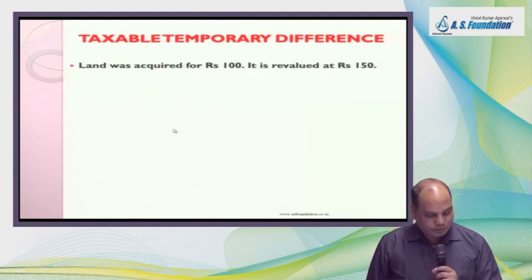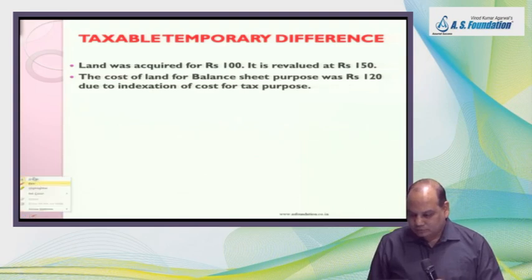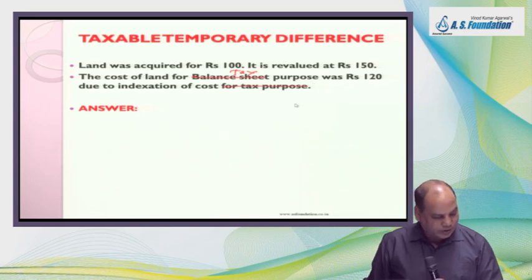One more question. Land was acquired for rupees 100. It was revalued at 150. The cost of the land for balance sheet purpose was rupees 120. For tax purpose, write down the cost of the land for tax purpose, was rupees 120 due to indexation of the cost. Now the question is, tax rate is 30%.